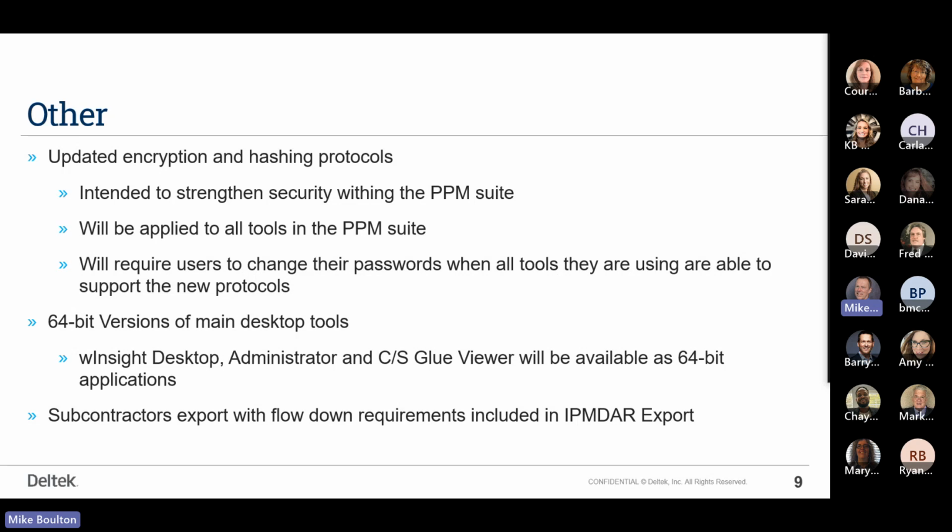And the final one there, which is one that I haven't mentioned previously, is that we did make a regulatory change that was requested by some of the customers to export subcontractors in the IPM DAR export.